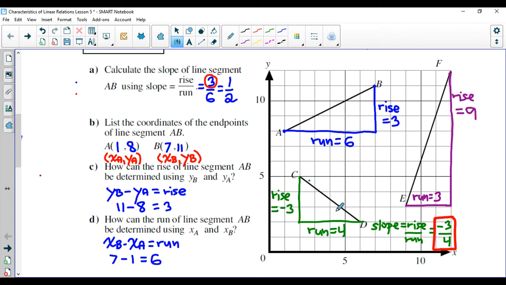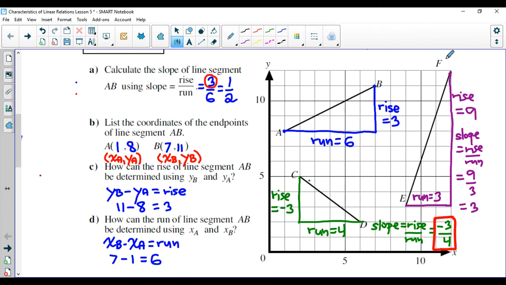So 9 units up. Okay, now to calculate the slope, the slope would be equal to rise over run, which would be equal to, the rise is 9, the run is 3, and then I would get a slope value of 9 divided by 3, divides evenly, it's equal to 3.